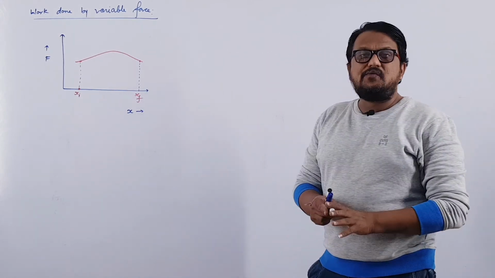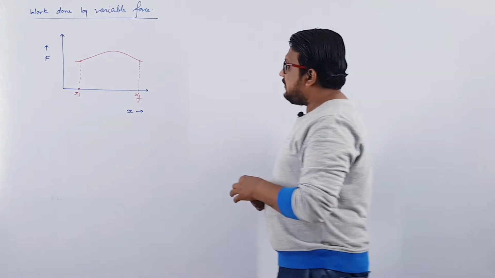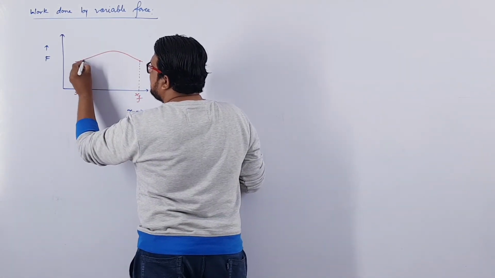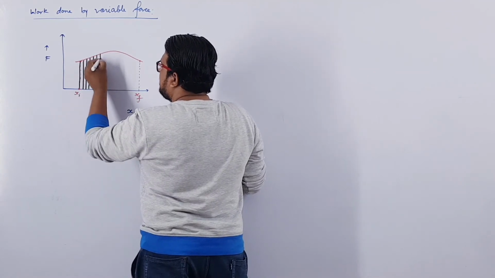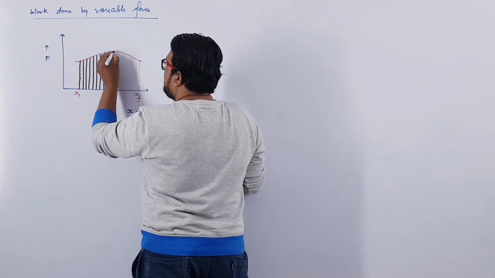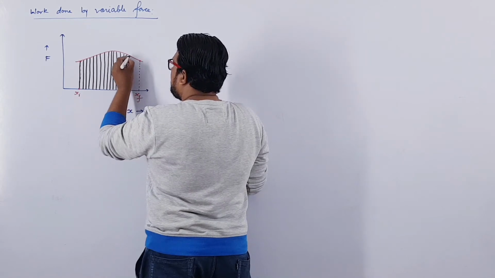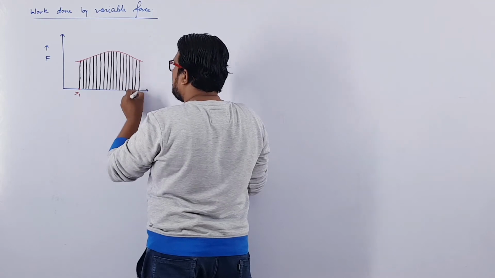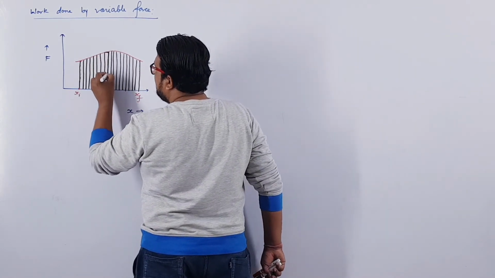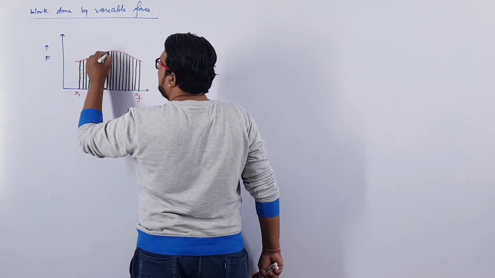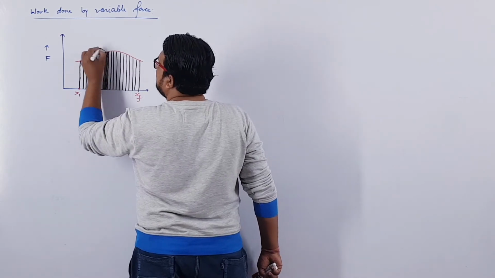So if we divide this displacement x into very small parts, let us say this length is delta x, then for this delta x you will find that the force is nearly constant.